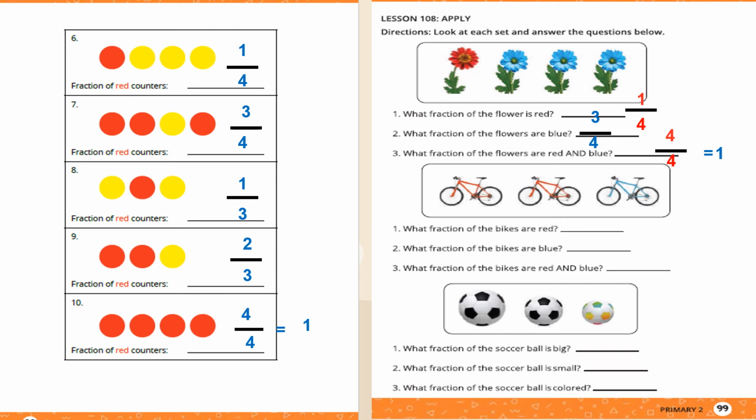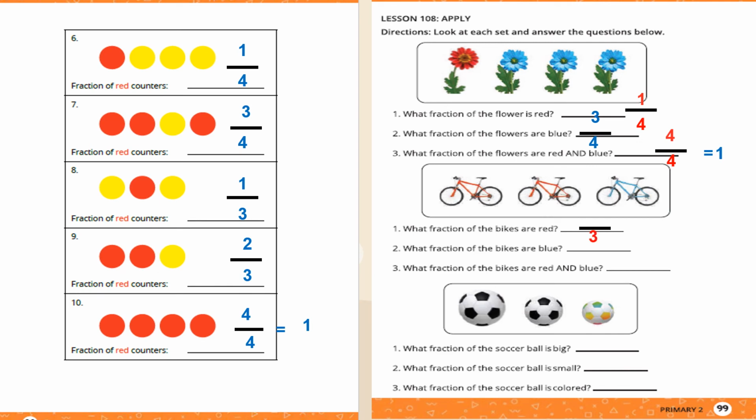Okay, here, what can I do? I have here how many bikes? 1, 2, 3. Okay, red and blue. So what is the fraction of the bikes that are red? What can I do? Fraction bar first, then how many red bikes? 1, 2.